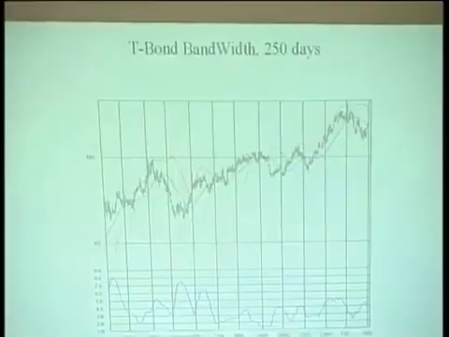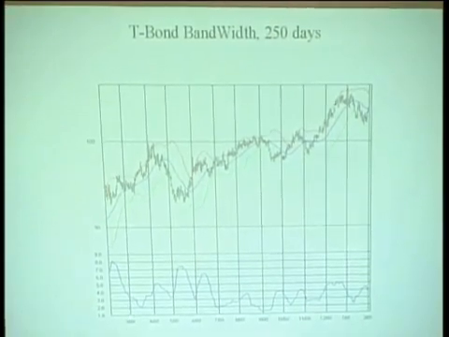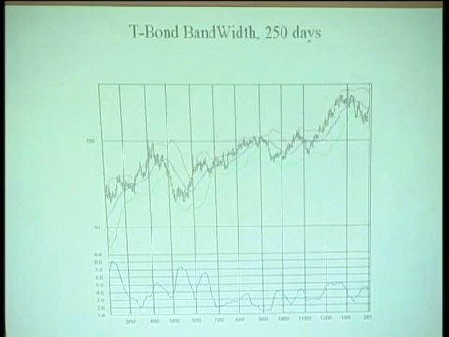Here's another example. Remember we took a look at the 19-day volatility in the bond market? That chart was using interest rates. Here's a chart using the actual T-bond futures, the price of the T-bond futures. And again, you can see that 19-day cycle ticking through here. Here's one. Let's see. We have 1, 2, 3, 4, 5, 6, 7, 8, 9, 10, 11, 12 months, 250 days.